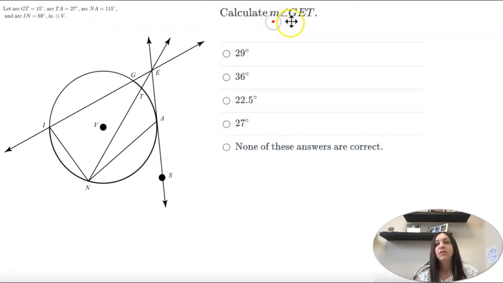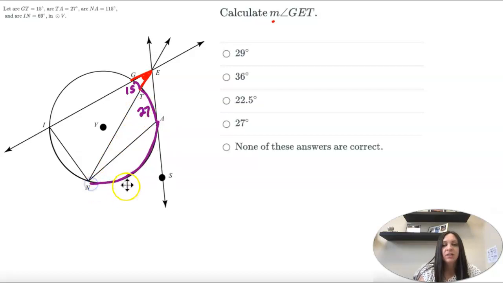Calculate the measure of the angle GET. So this angle. And let's see if we actually need this stuff that we're given. So GT, this arc, is 15 degrees. Arc T to A is 27, and N to A is 115, and we're trying to find an angle.